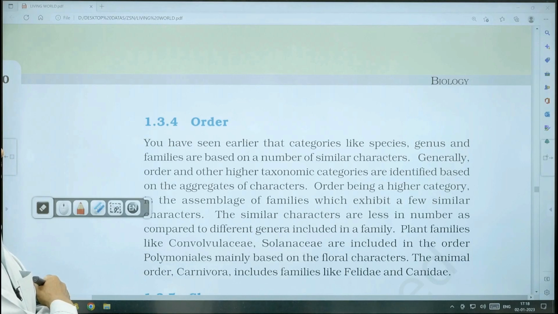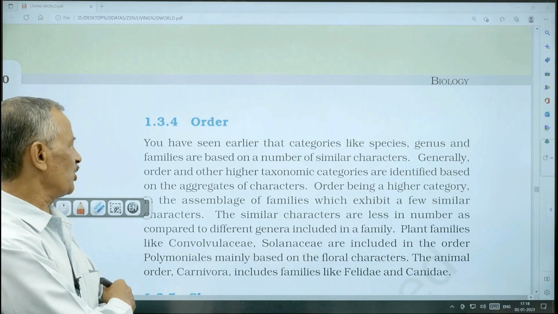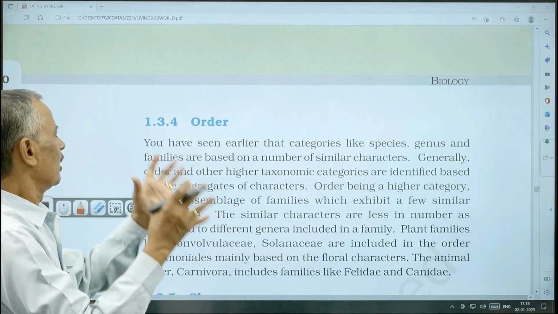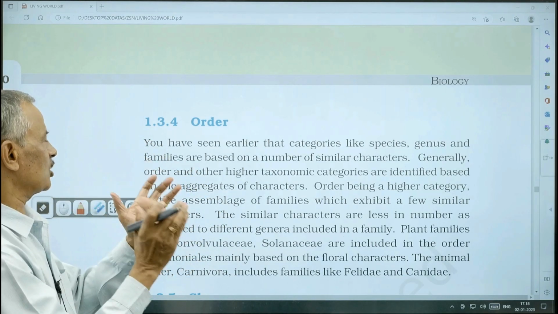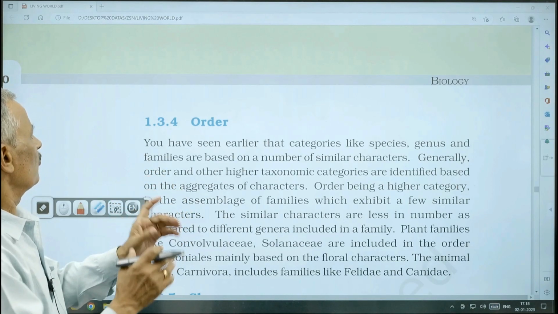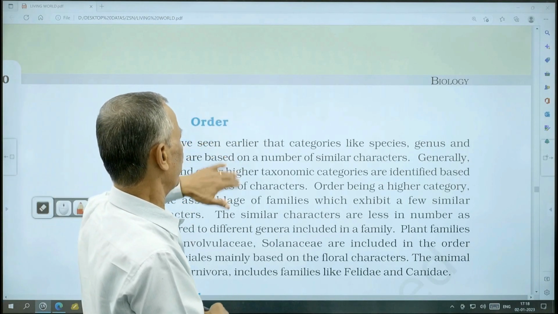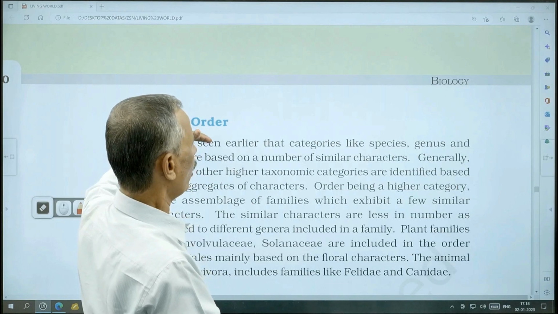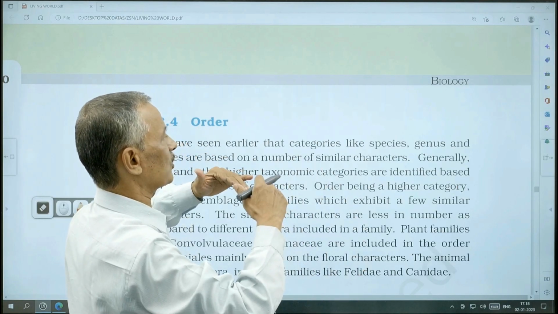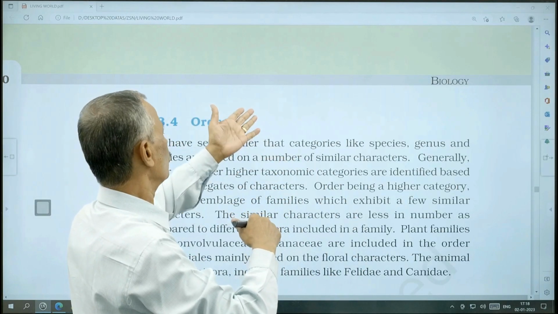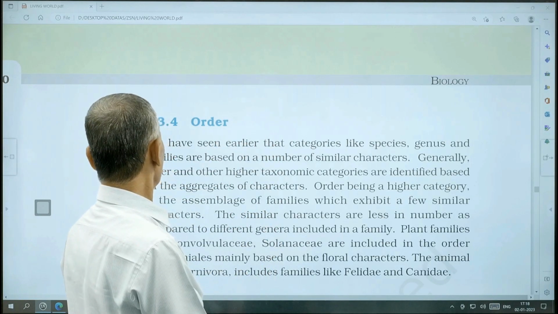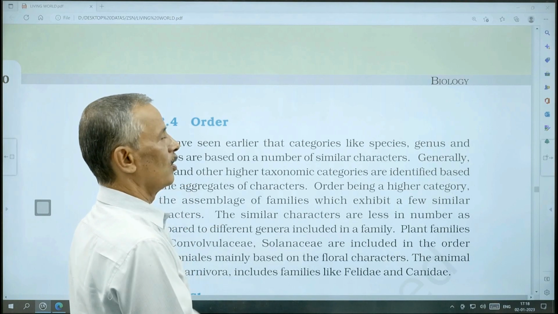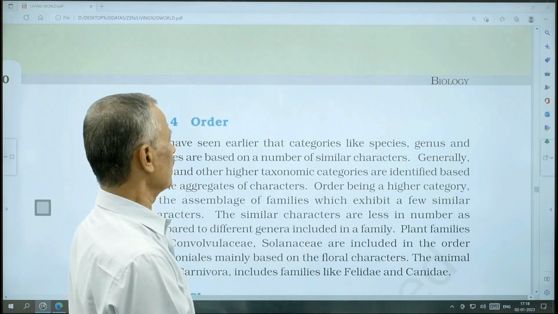Aggregate means a collection of characters. Only those organisms which have this collection of characters will be put under the same order. What is an order? Order is a higher category above family. So an order contains a number of similar families which are all showing some features.